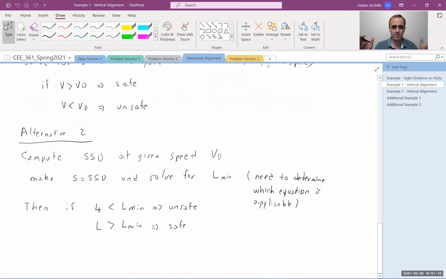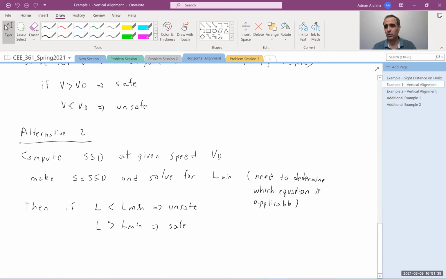I should have a minimum length of, let's say, 200 meters, but my curve has only 150. So minimum means minimum, right? So if you have something less than the minimum, then that's not good. So in this case, it's unsafe. And if you get a minimum length that is less than the actual length you have, then that would be safe.